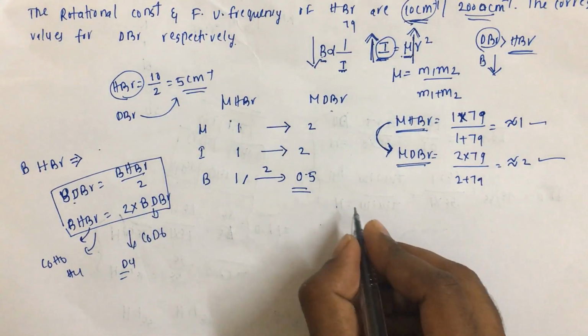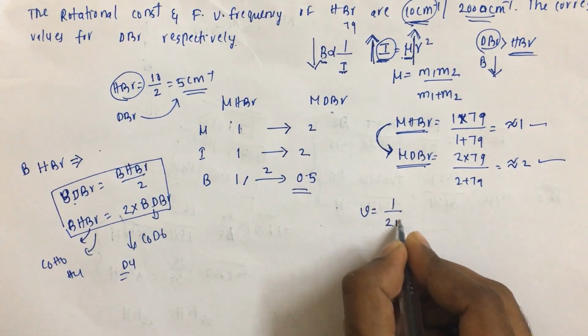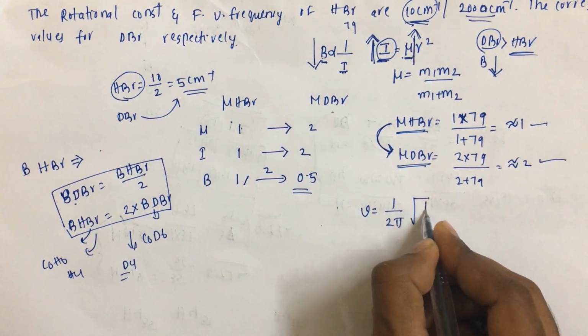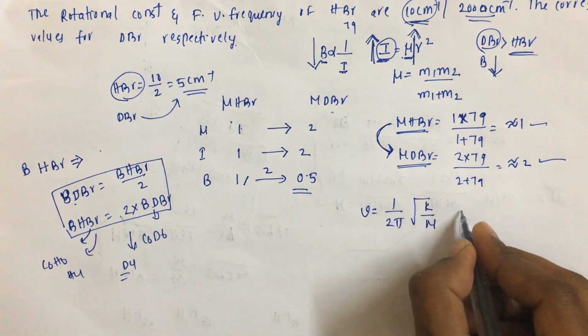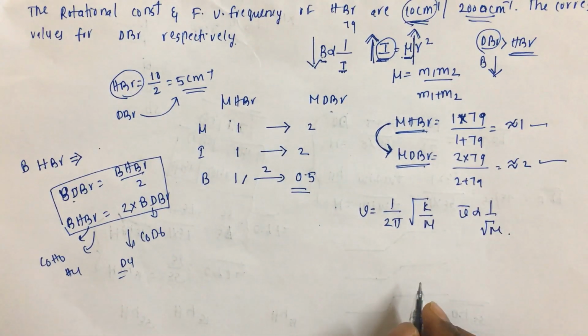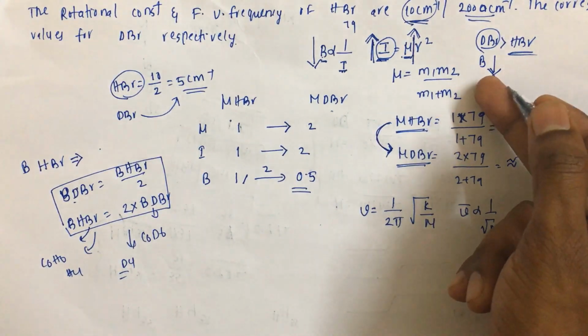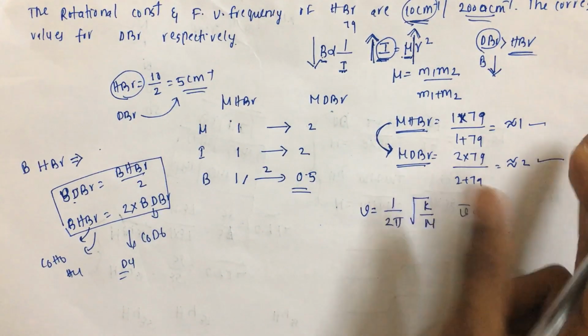So the basic principle we need to remember here is 1 by 2 pi root k by mu. So here nu is inversely proportional to the root of the reduced mass. Okay, so the mass is double from HBr to DBr, so we know that, right?